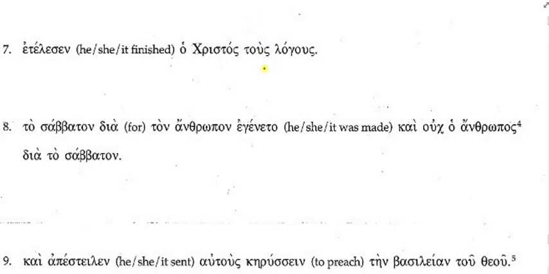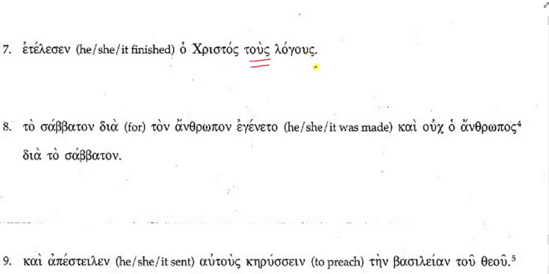R.C. Sproul, I remember him saying that he had a little plaque or rock or something on his desk that reminded him of this. He said, "You are required to preach what the Bible says and not what you think it ought to say." Okay? This is true when we're doing exegesis and whatnot. You want to read what's there and not what you think ought to be there. Now, having said that, there are some times when the article by itself is used and there is no possessive pronoun, and our English translations do translate that article as a possessive pronoun.